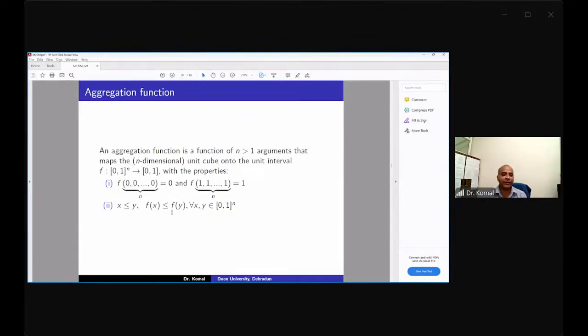First, when you substitute all the values as 0, 0, 0, then the aggregation function should give 0. Similarly, if you replace all the values with 1, 1, 1, then the aggregation function should give 1. And second is the monotonicity property, that x less than or equal to y implies f of x less than or equal to f of y for every x, y in [0,1]. So this is the essential property which should be satisfied by an aggregation function.